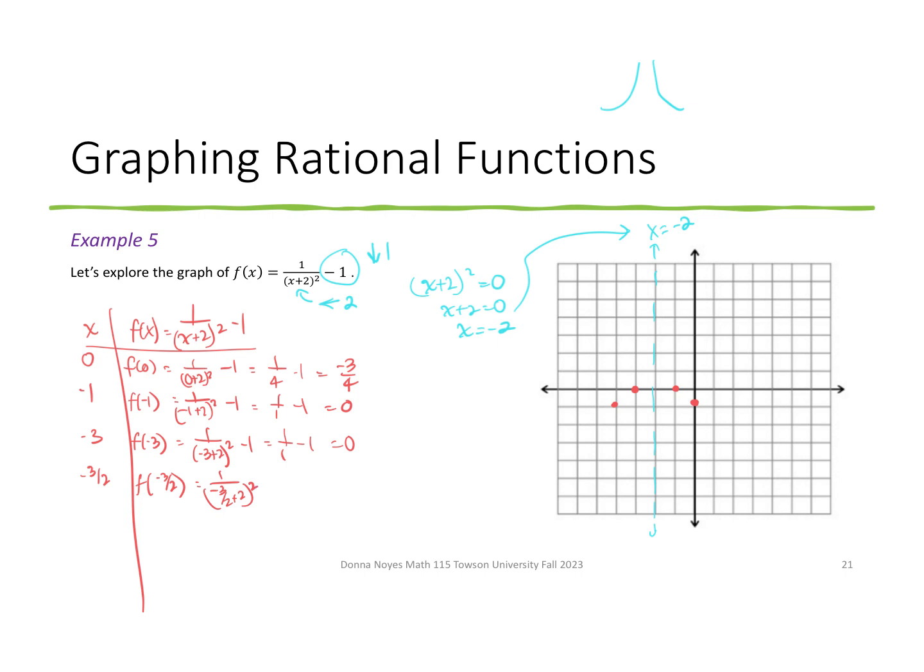So 2 minus 1.5 is 1 half. So 1 over 1 half squared, and then minus 1 is 1 over 1/4 minus 1, which is 4 minus 1, which is 3. That was a lot of work. You can put it in your calculator as well. So negative 3 halves is 1, 2, 3. We'll find out this guy's right here.